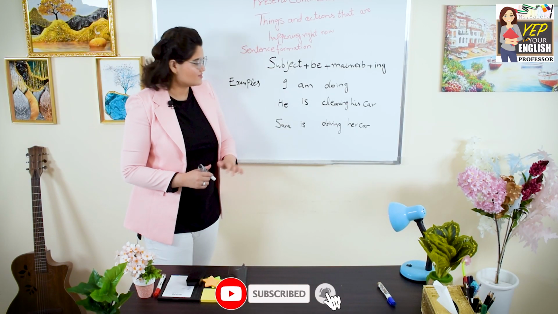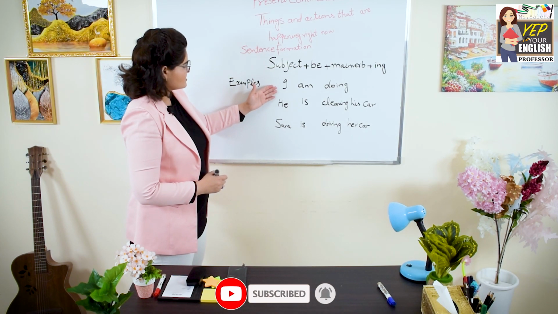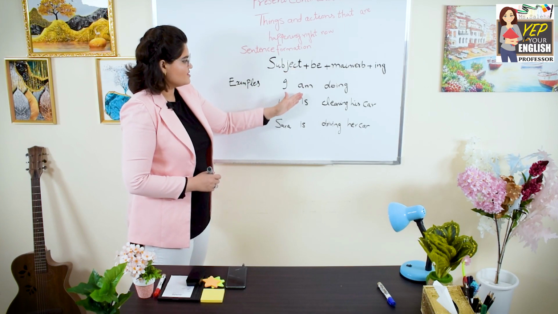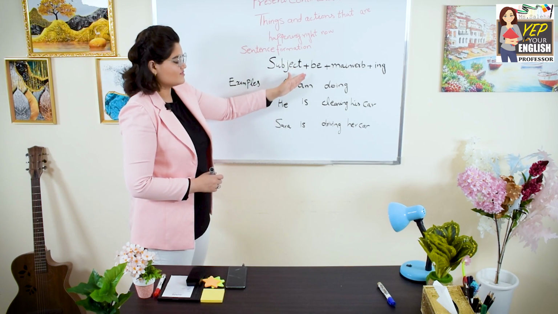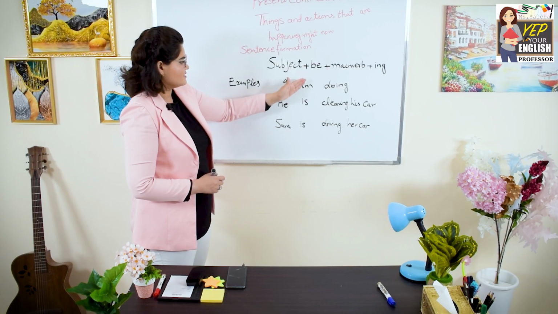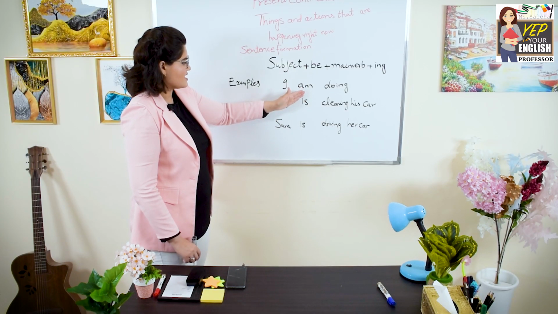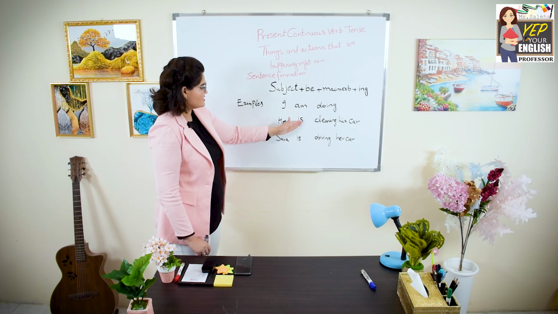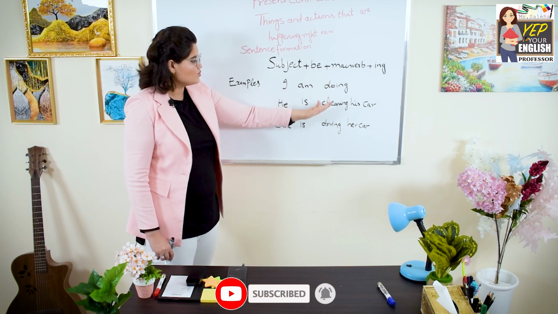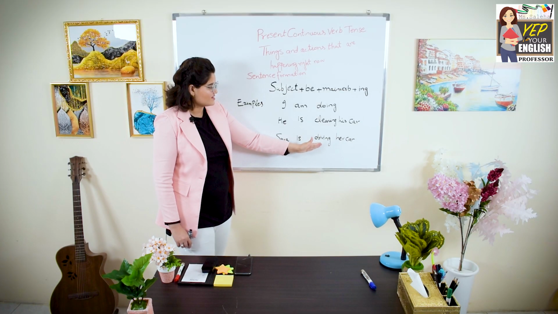In these sentences, you can see we have a subject like I, he, Sarah, and a be form, which is in present. The be forms are am, is, are: I am, he is, Sarah is. Then the main verbs do, clean, drive.